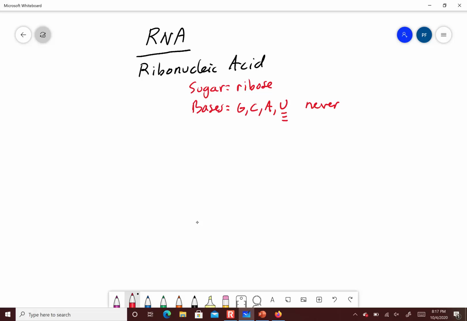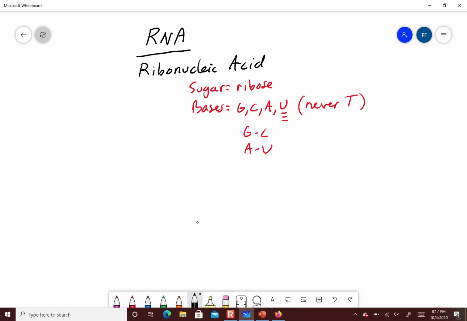RNA will never have thymine. DNA we saw T, not U, never U. And here with RNA we see U, never T. And we still get complementary bases. In RNA we still get G with C and A with U. Those are still complementary bases that form.